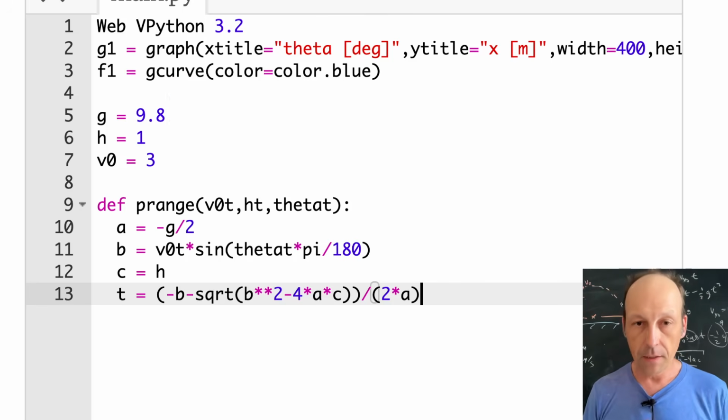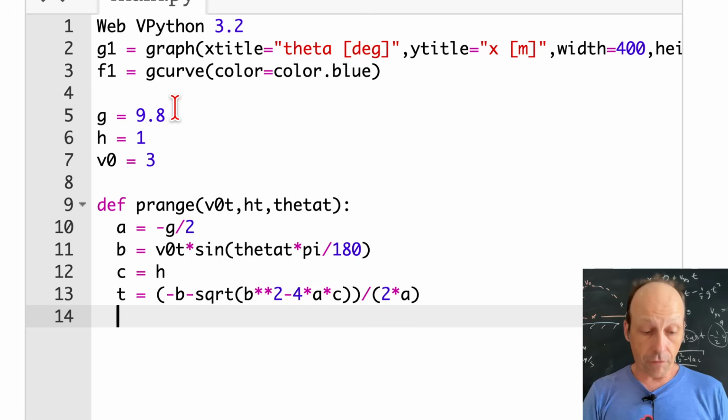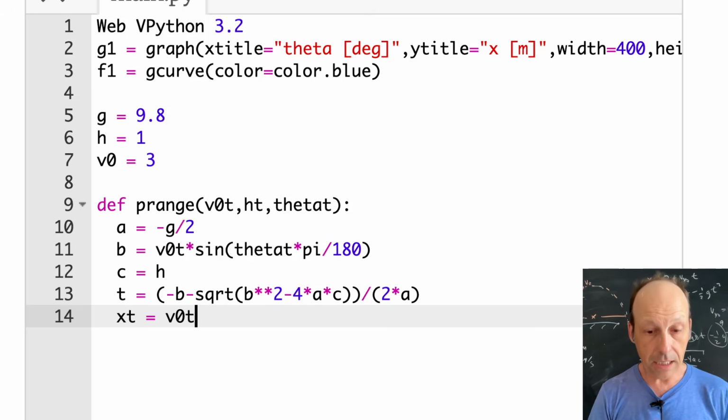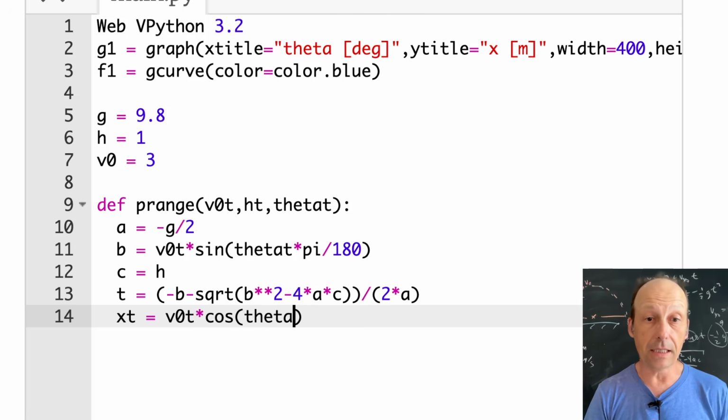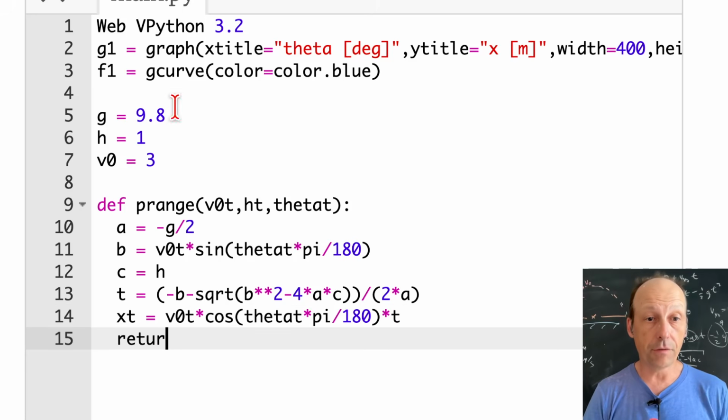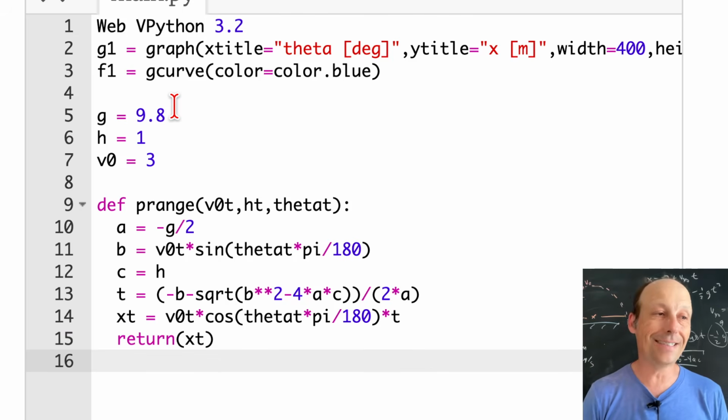Done. So now I can calculate the range. I'll call it xt. It's just going to be v0t times cosine of theta t times pi over 180, times t. And that's what I want to return.